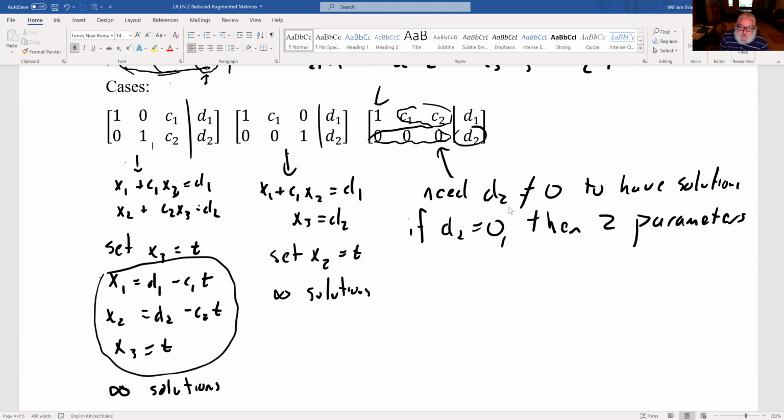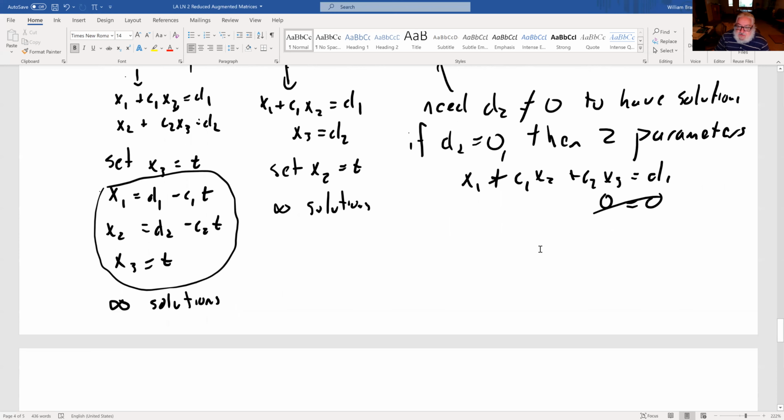So if D2 equals 0, the equations we get are X1 plus C1 X2 plus C2 X3 equals D1, and 0 equals 0. So then we'll set X2 equal to T, X3 equal to S. Those are my 2 parameters, one for X2 and one for X3.